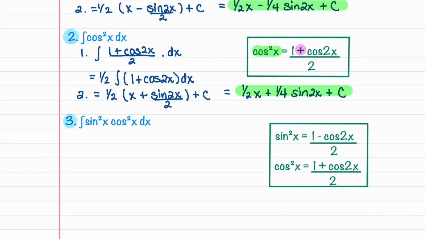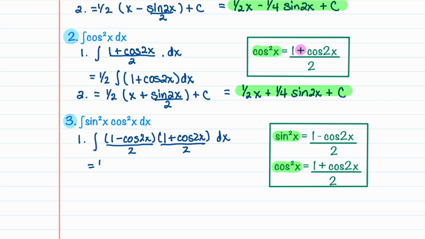Let's now look at our third example. We're going to integrate sin²x times cosine²x. The first thing that we're going to do is look over here on the right at our formulas, and we're going to use the power reducing identities for sin²x and cosine²x. Let's go ahead and put these in. This gives us the integral of (1 minus cosine 2x), all divided by 2, times (1 plus cosine 2x), all divided by 2, and then we have our dx.